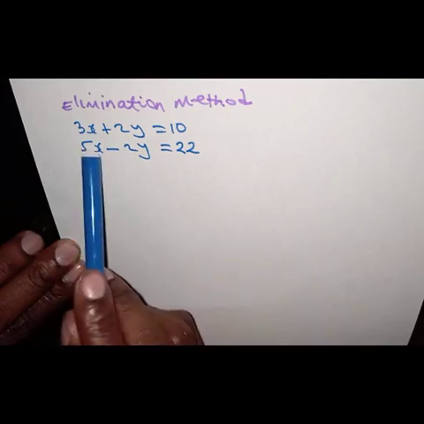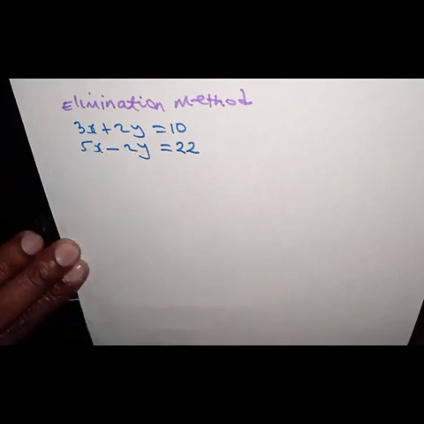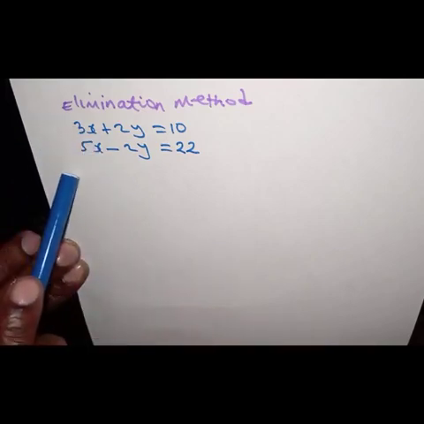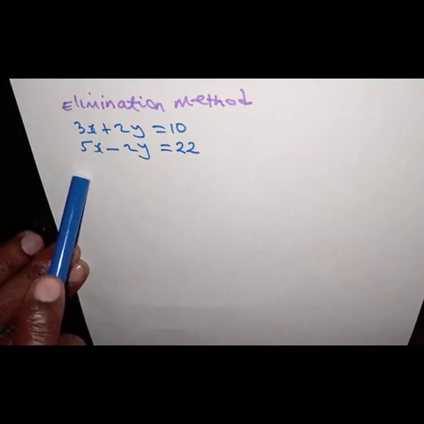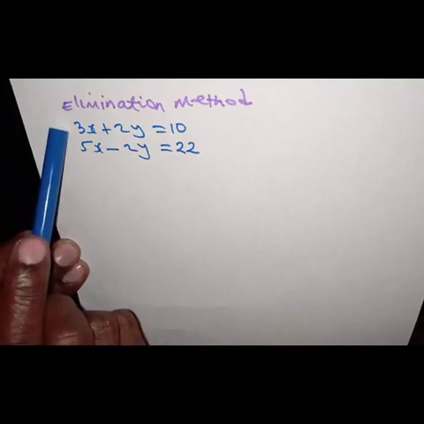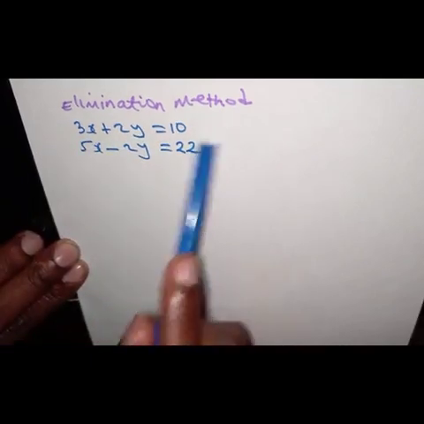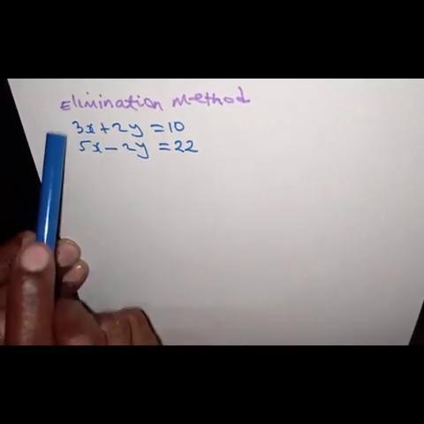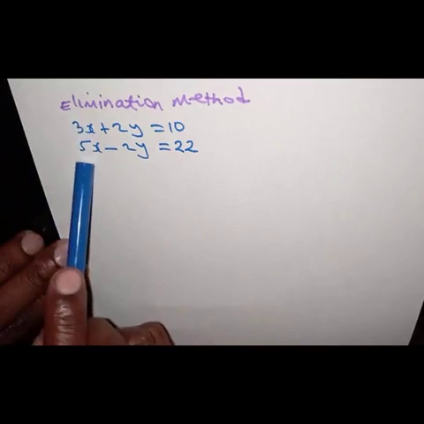Let's assume someone picked to eliminate x. Have you seen that we have different coefficients, 3 and 5? So you multiply a 5 throughout, and down here you use a 3, you multiply throughout, for you to get the same coefficients, right?